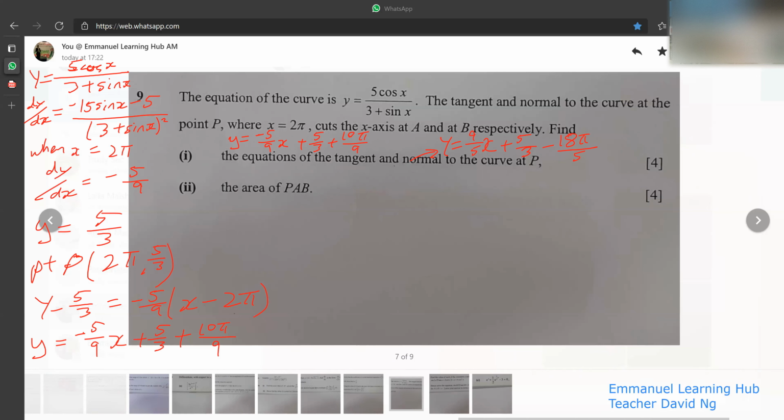The answer behind gives you negative. Let me see.